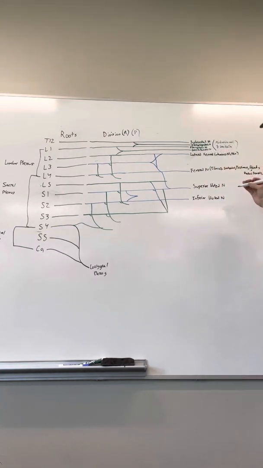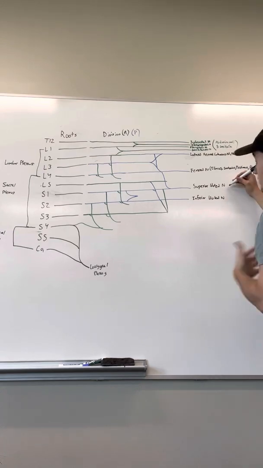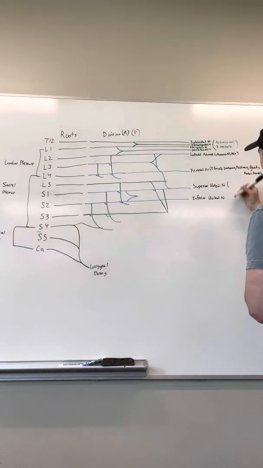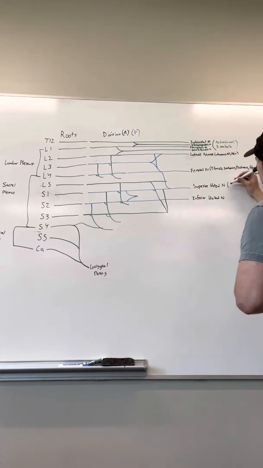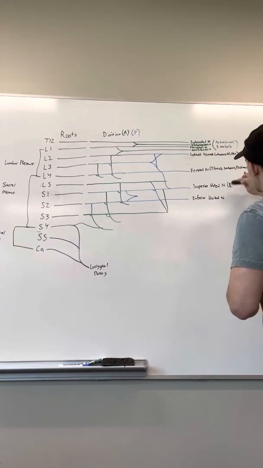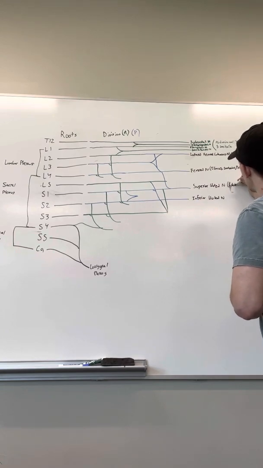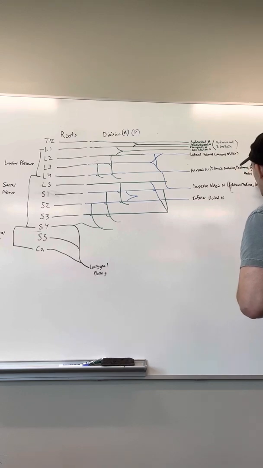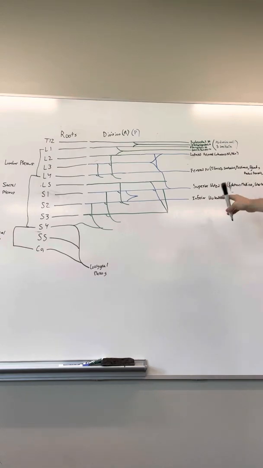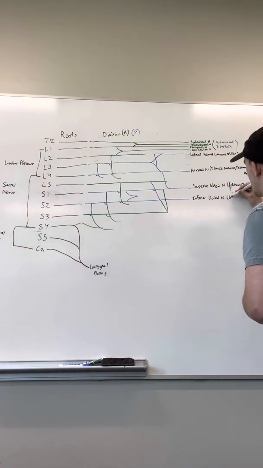The superior gluteal nerve innervates the gluteus, oh shoot, my bad, it's the gluteus medius as well as the gluteus minimus. For the inferior gluteal nerve, it innervates the gluteus maximus.